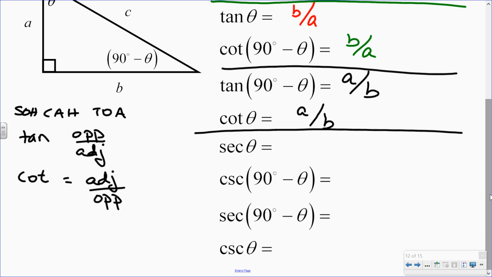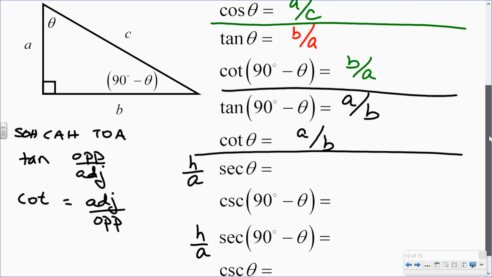Probably, yeah, you're right. So secant is 1 over cosine, right? Cosine is adjacent over hypotenuse, so this needs to be hypotenuse over adjacent.